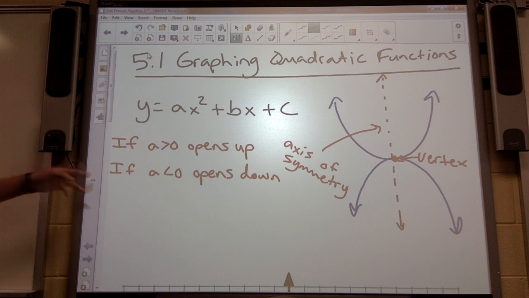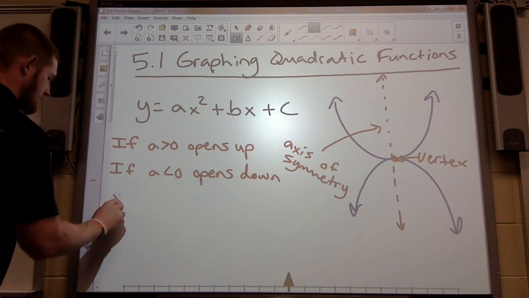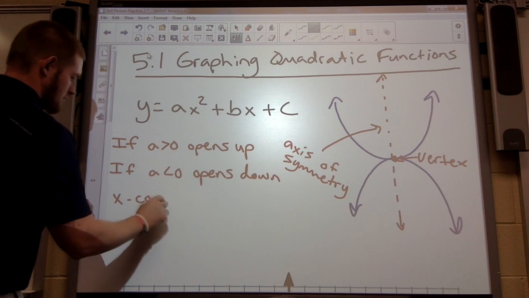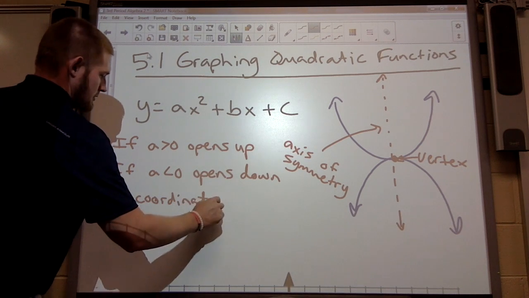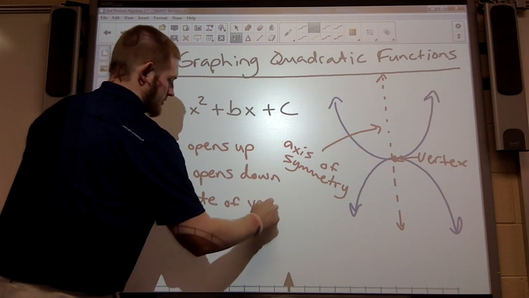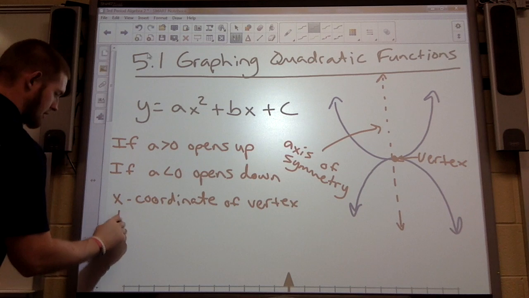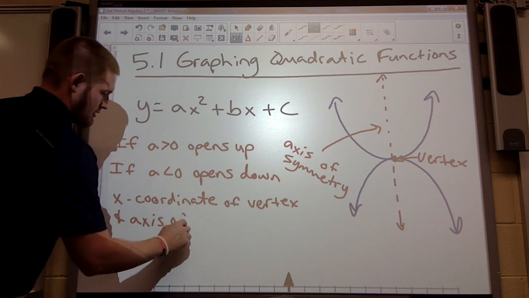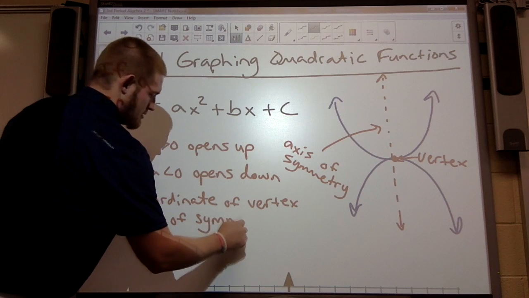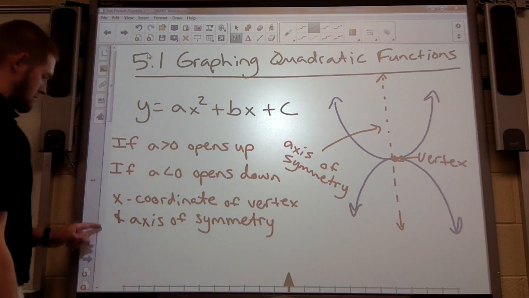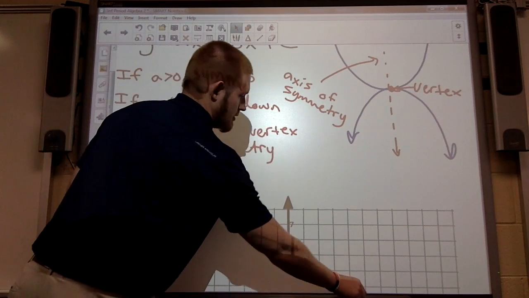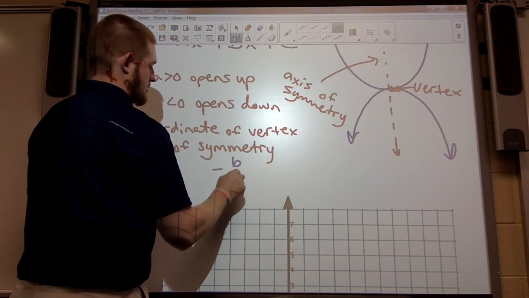So, opens up, opens down, and we also know that the x-coordinate of the vertex and the axis of symmetry come from the opposite of b over 2a.